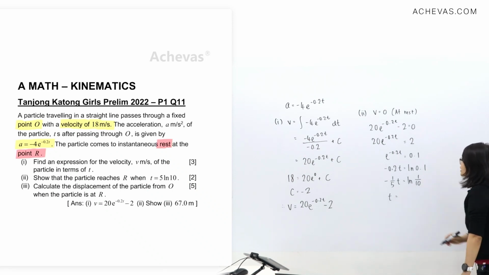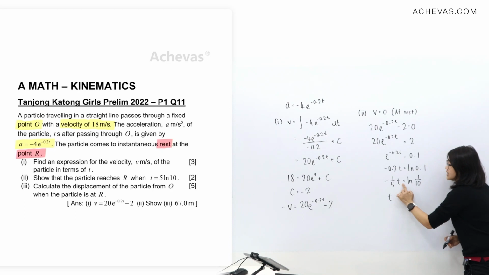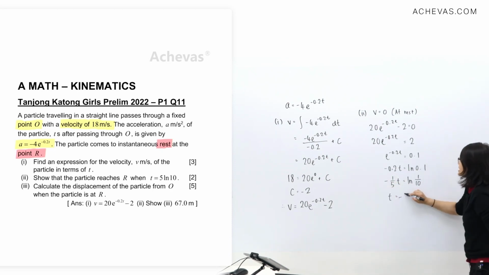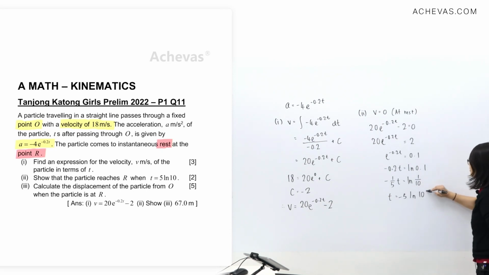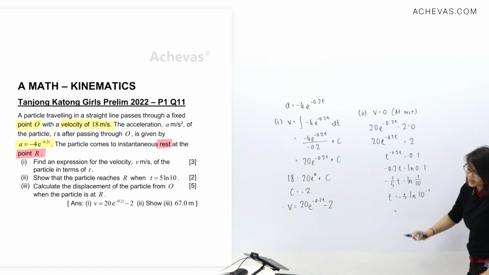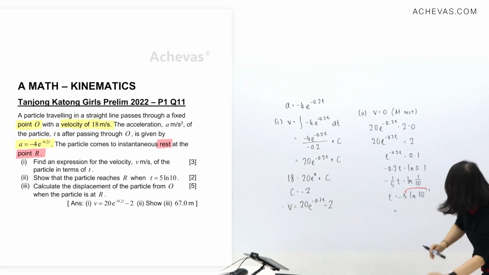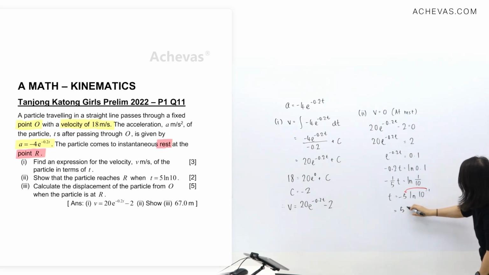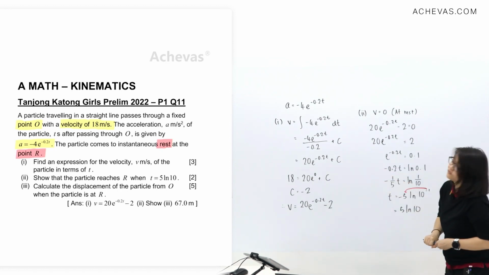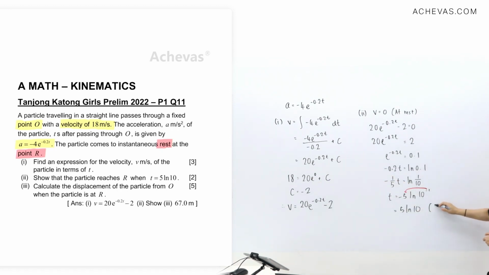Next step, this one I see as t times 1 divided by -5, so I'm going to multiply -5 to the right hand side. And one more thing I'm going to do is switch this to 10 power -1. Next step, I'll bring the power -1 to the front. So -5 times -1 is going to be a +5. So I have 5 ln 10 as my answer over there, because I will need to show.